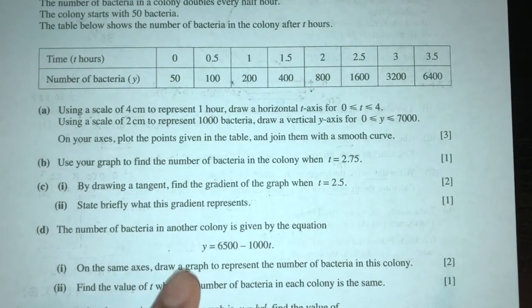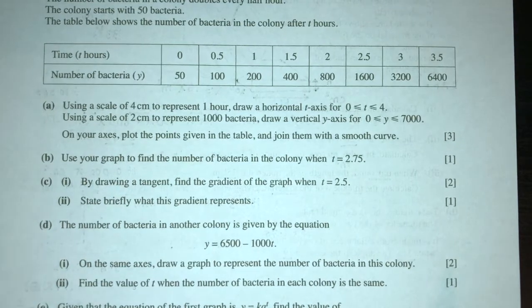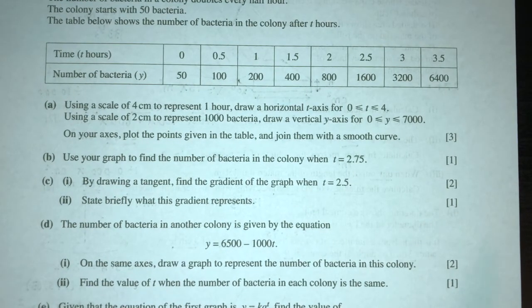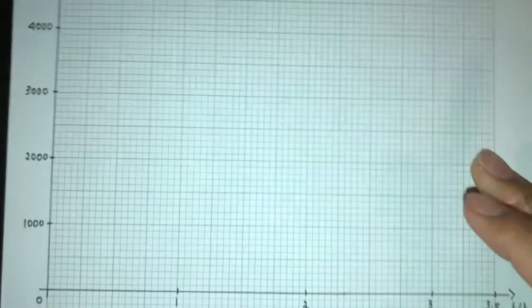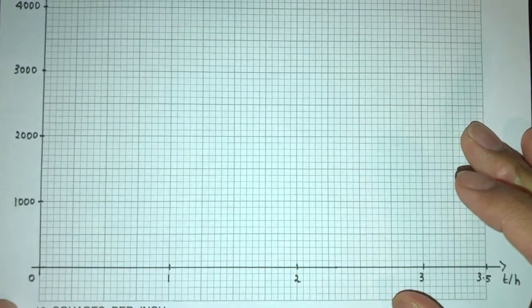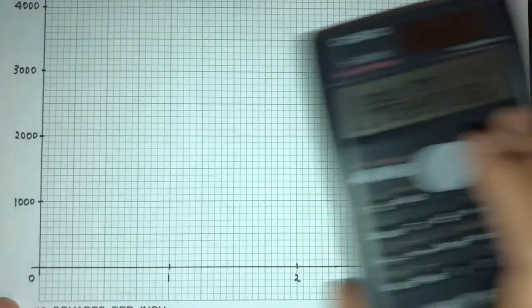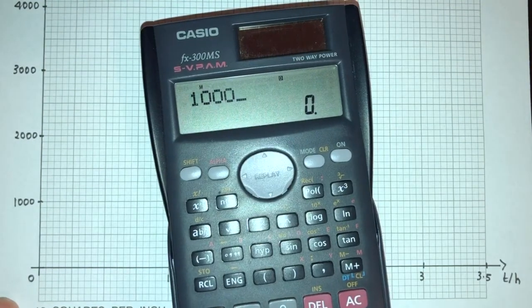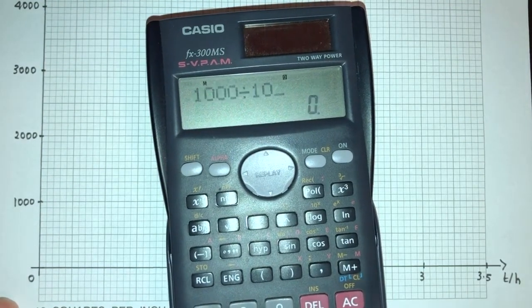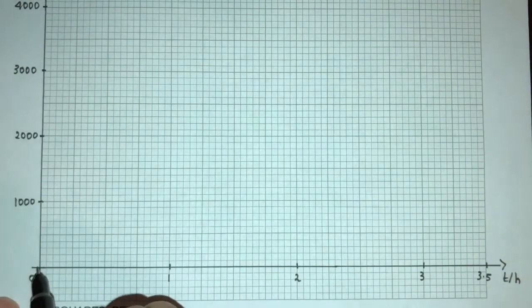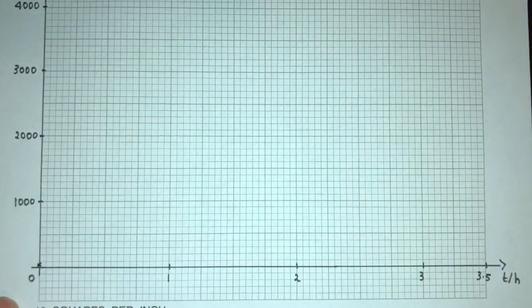Now next step, we have to plot the points and join them with a smooth curve. So let's do that. Pretty easy. The first point is given to you by 0, 50. So what is the value of 1 square? 1000 divided by 10. So half a square will be 50. So begin here.